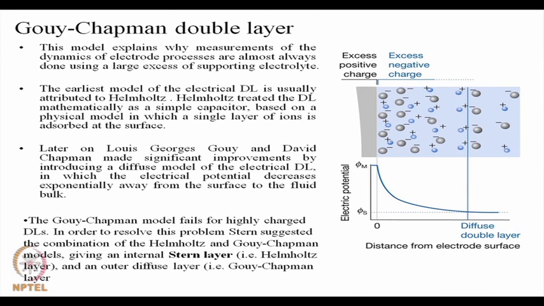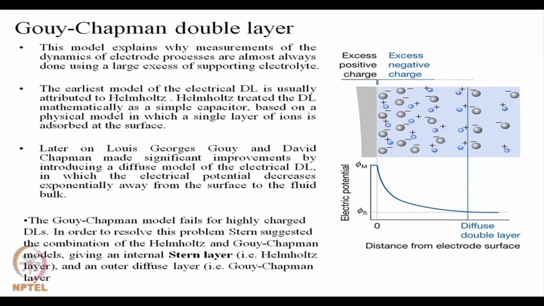Later on, Gouy and Chapman made a significant improvement by introducing a diffuse model of the electrical double layer, in which the electrical potential decreases exponentially from the surface to the fluid bulk.